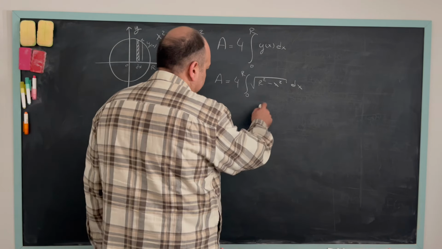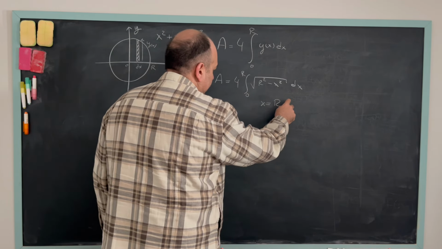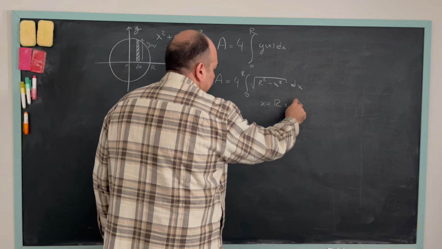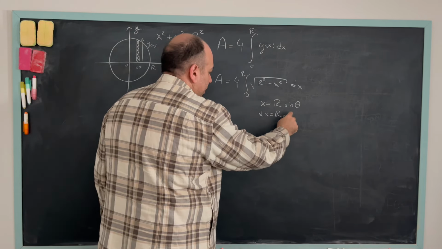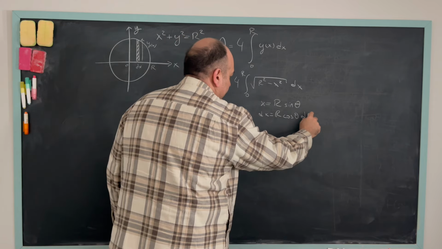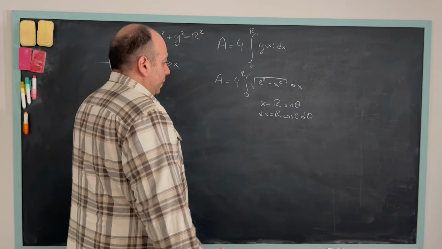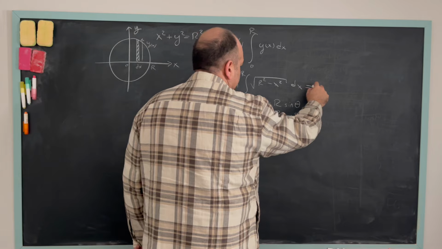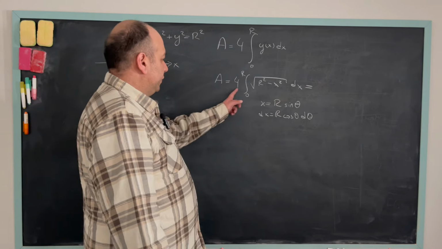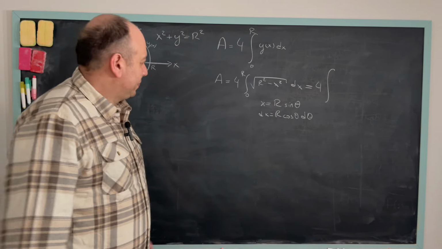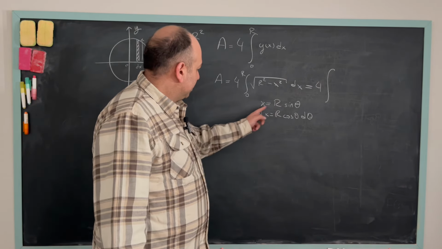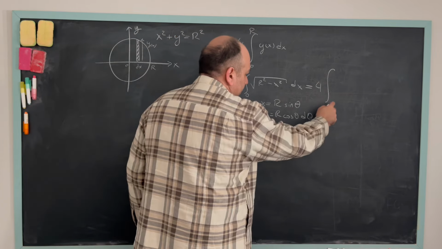So it's easy. We say x is equal to r sine theta, so dx will be equal to r cosine theta d theta. Okay. If I make this substitution here, this gives me 4 times. Look at the limits. When x is equal to 0, theta is equal to 0.